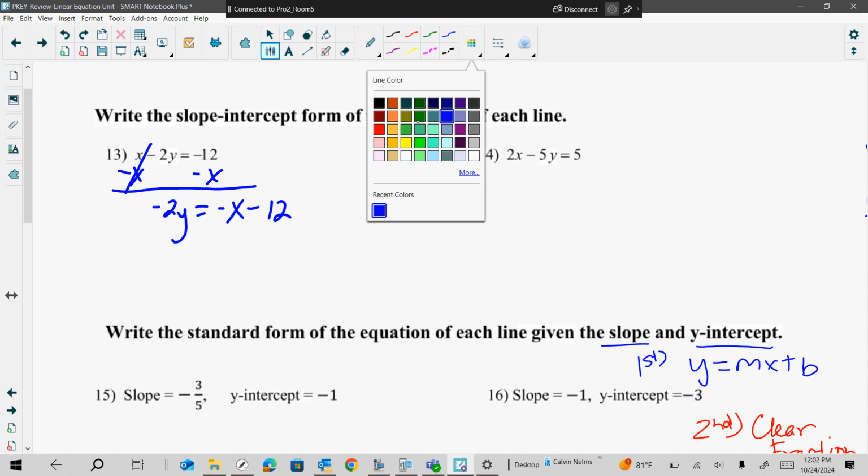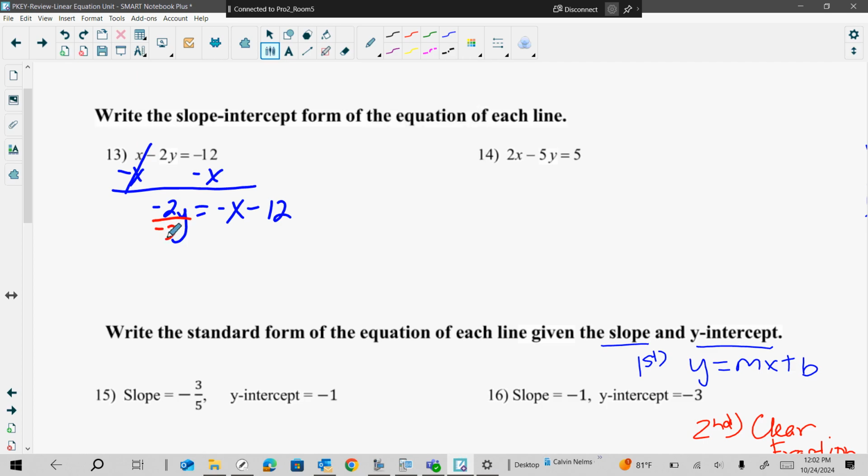To solve for y here, we have to divide each term by a negative 2. That gets rid of the coefficient. Our y is now going to equal a positive 1/2 x plus 6.